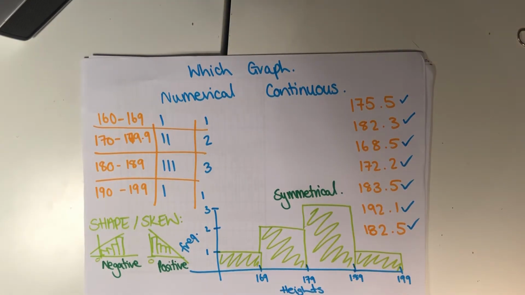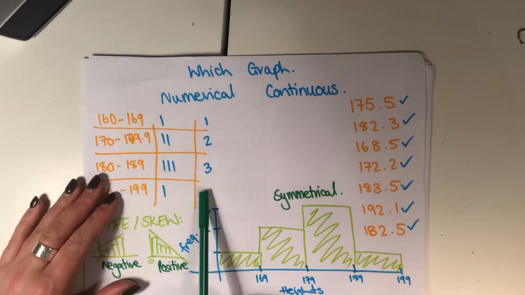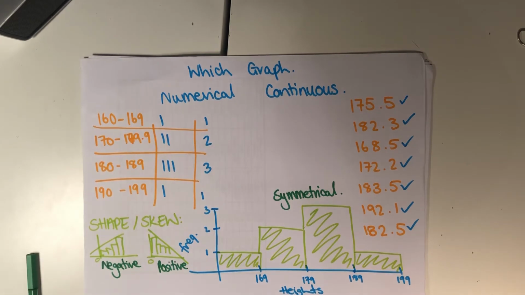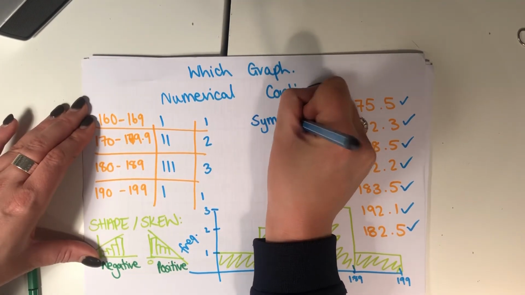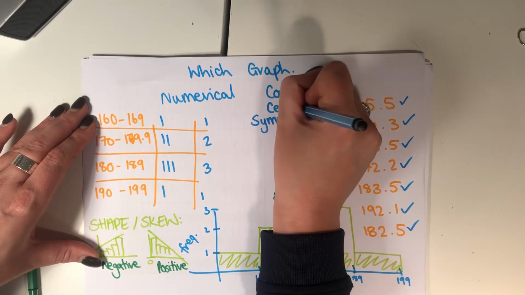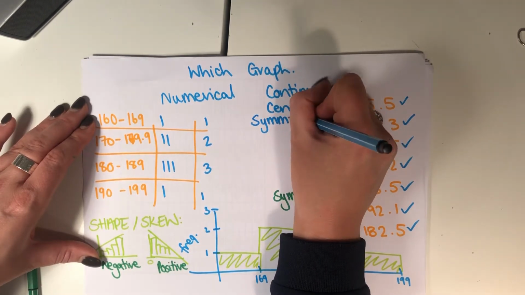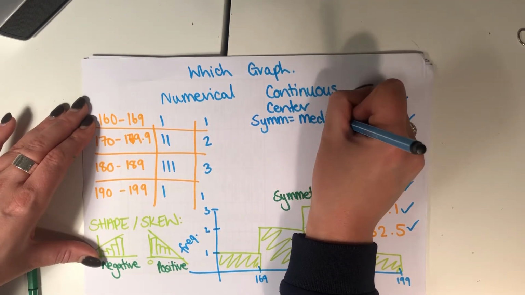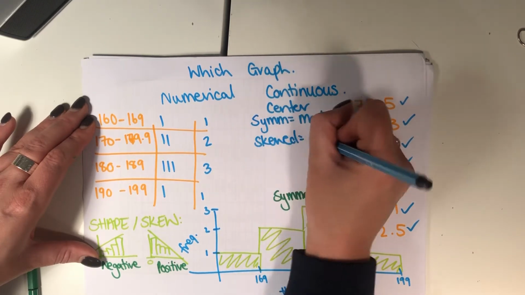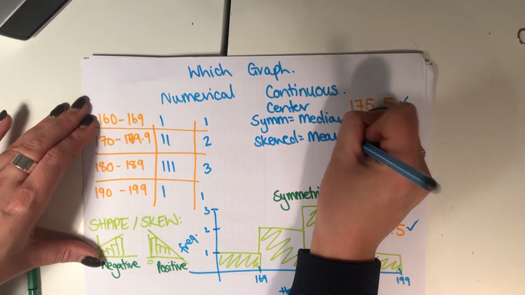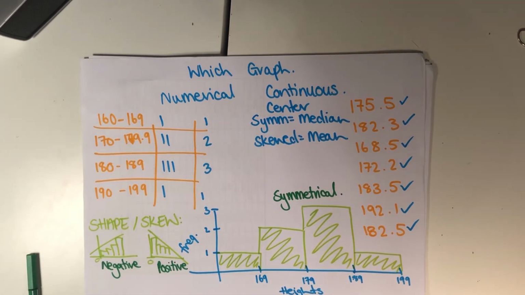The other thing you will need to find is if I asked you to find the median. When data is symmetrical and you're asked to use the center, symmetrical equals median, skewed equals mean. So for this, I'll need to find my middle number.